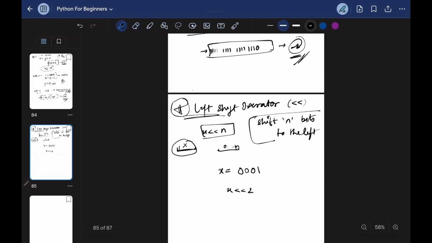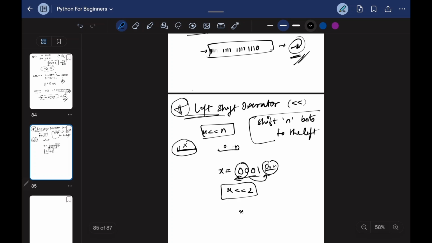Now, I did x left shift 2. As I said, it will shift n bits to the left. So all these bits will be shifted to the left side by 2. To remember it in an easy way, the starting n bits will be dropped off, and n bits will be added in the rightmost part, and all will be 0.